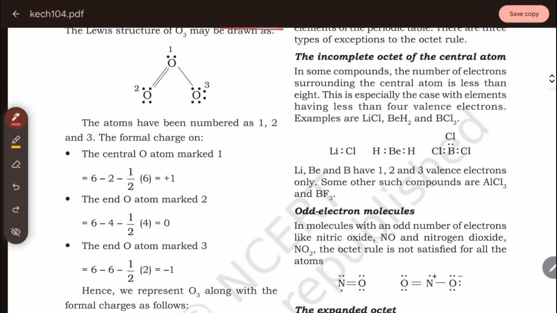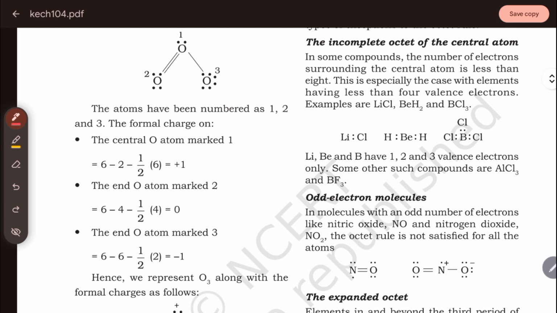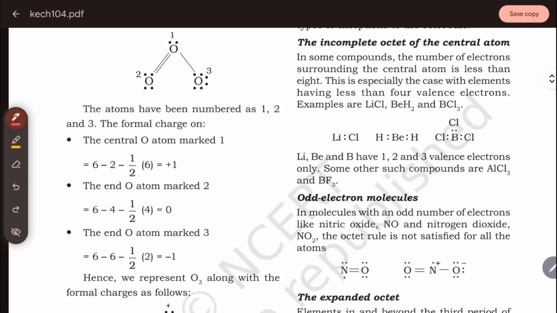When you tag them, let us see the central atom, which is marked as 1, how much charge it can contain. What was the formula? Formula was formal charge is equal to number of valence electrons minus the lone pair electrons minus half the shared pair of electrons or bonding electrons.